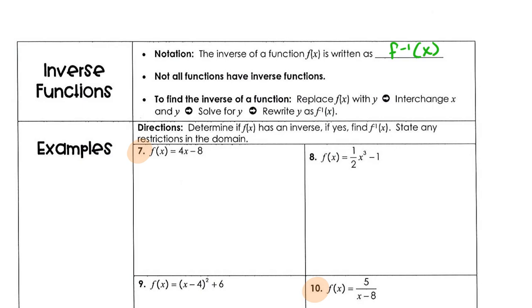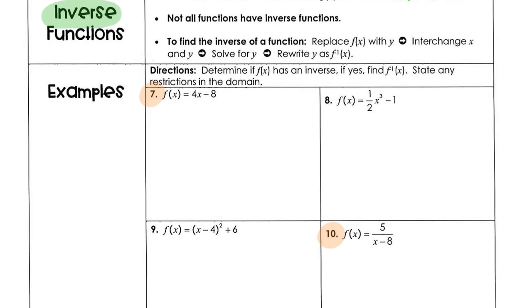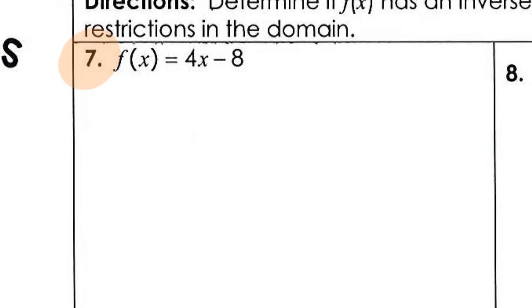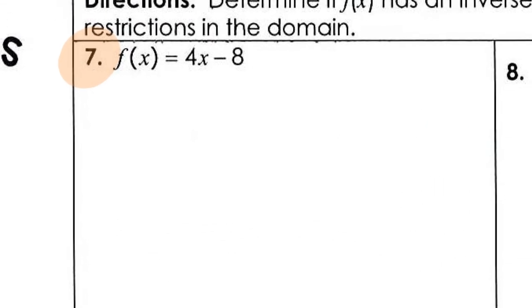So if we look at the concept of inverse, inverse means a reversed order, or switching x and y. The same is true when we're looking at equations that represent functions and trying to find their inverse. Right now, this function can be written as y equals 4x minus 8, swapping out the f of x with a y.